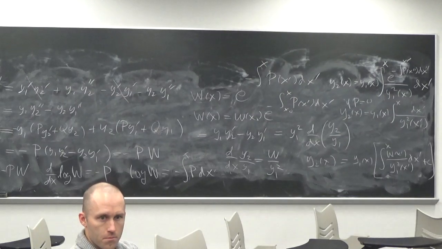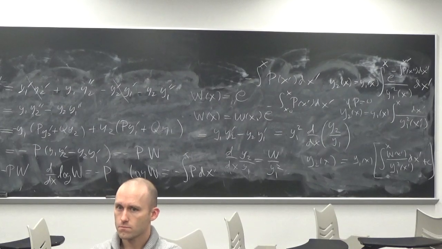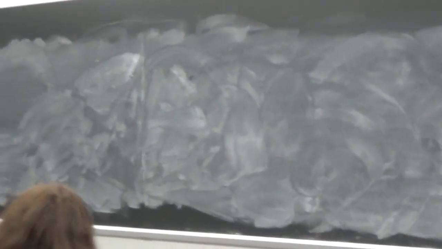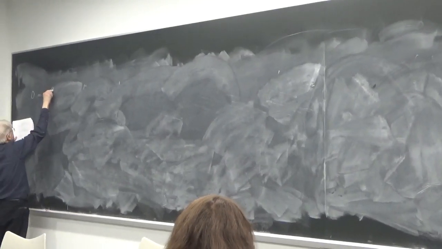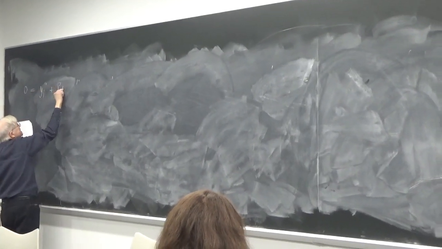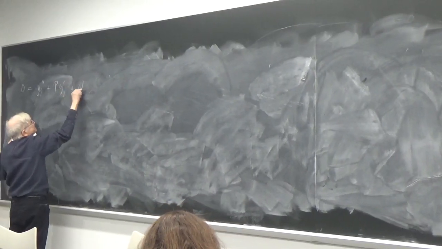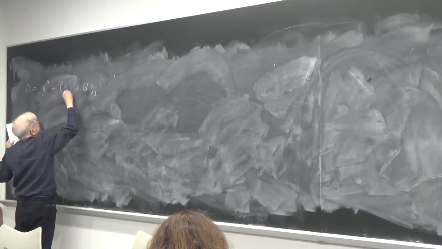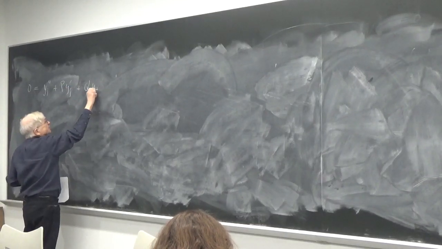You might say, well, how do we know we don't have three solutions? So suppose there were three solutions, yj double prime plus P yj prime plus Q yj equal to 0. So that's a yj, there's no prime here.